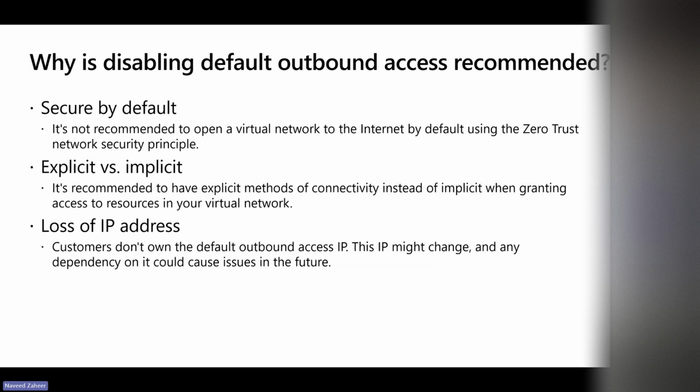Okay, that's the data exfiltration we are talking about. So anything has to be explicit. Once you have an explicit method, ideally it should be NAT gateway. Okay? The ideal recommended method is NAT gateway.